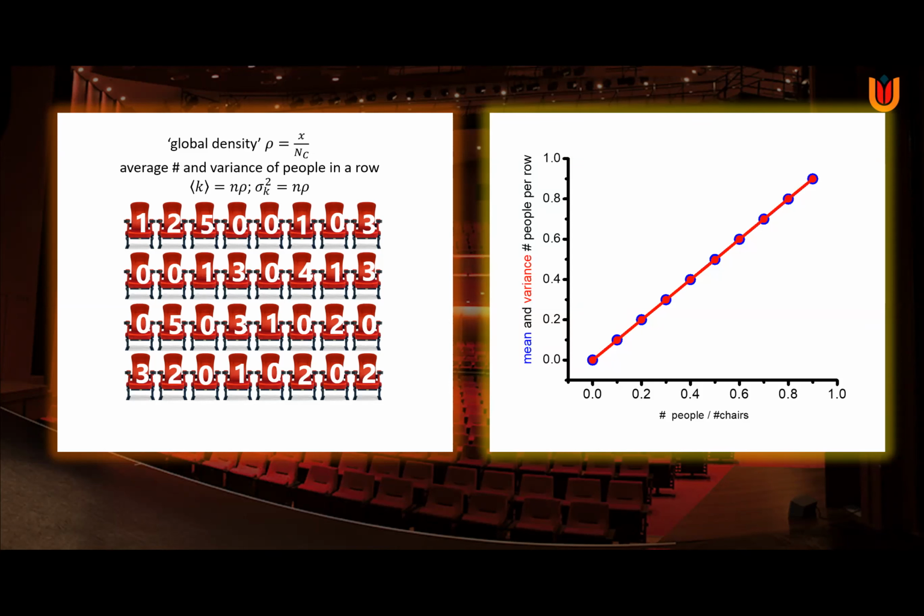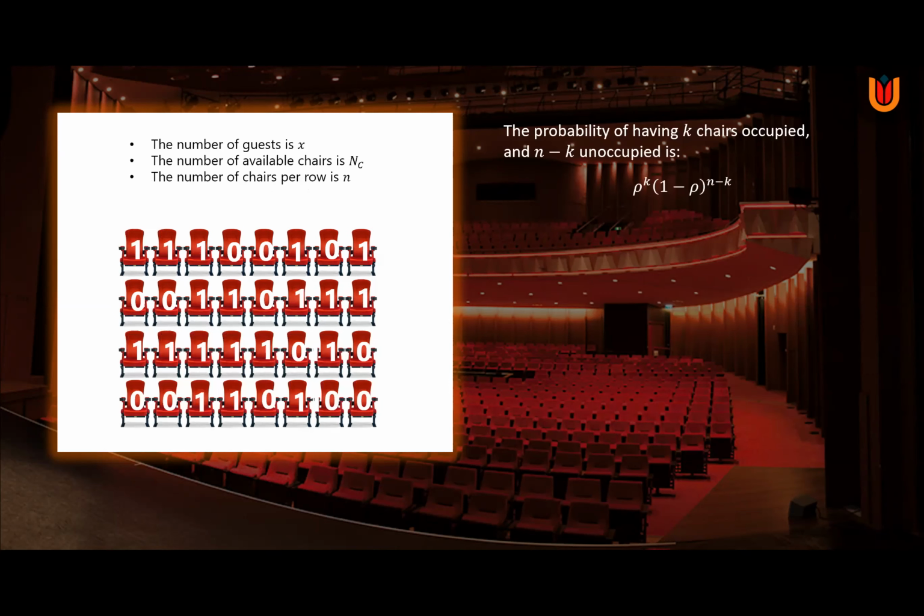So the graph. Now, of course, if we have restricted seating, so to say, one person allowed per chair, then we need a different statistical distribution to describe this effect. That can be found by first calculating the probability of having a number k of chairs per row occupied and a number n minus k per row unoccupied.